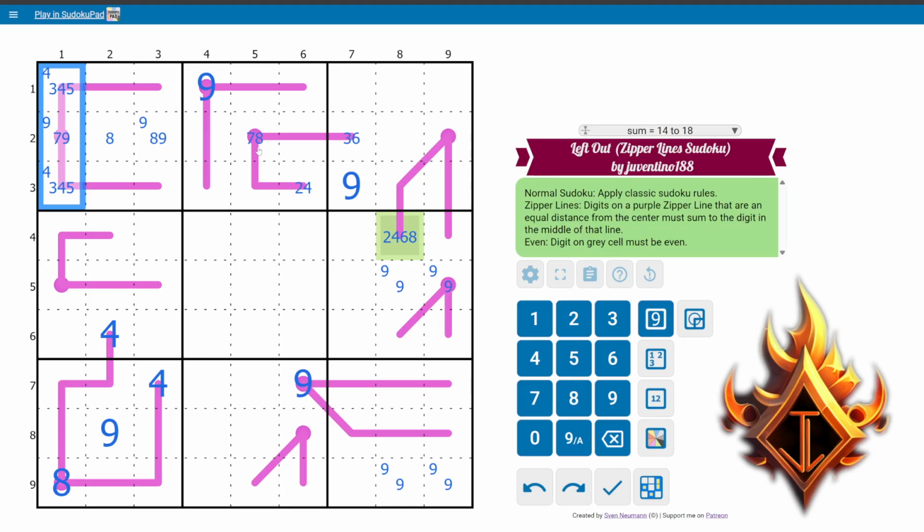If that is 7, that was 4, that was 3, this could be 6, 1. Or 5, 2. That was 9.